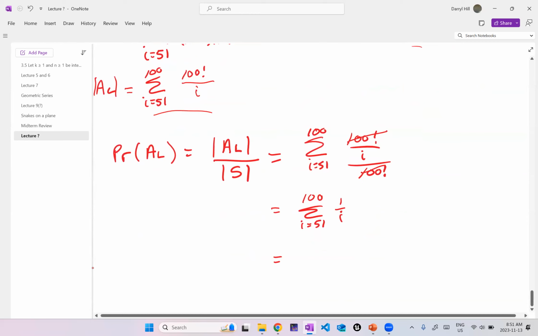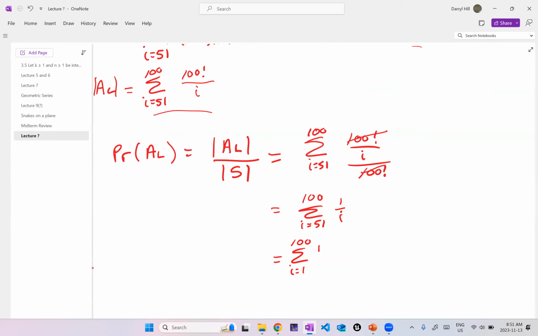I can write this as the sum from I equals 1 to 100 of 1 over I minus the sum from I equals 1 to 50 of 1 over I. And those are both the harmonic numbers, H100 and H50.